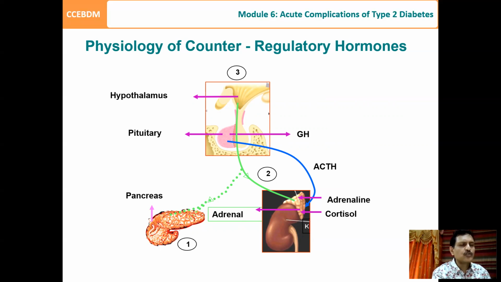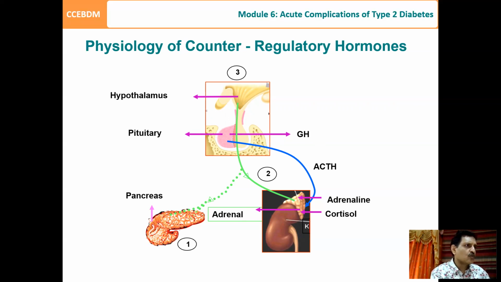So adrenaline gives rise to all the adrenergic symptoms that we perceive when the blood glucose level falls. It also prevents the liberation of insulin from the pancreas, and also increases the release of glucagon, which is the most important counter-regulatory hormone, and that shifts the metabolic process from the glucose-dependent process to the fat-dependent process.